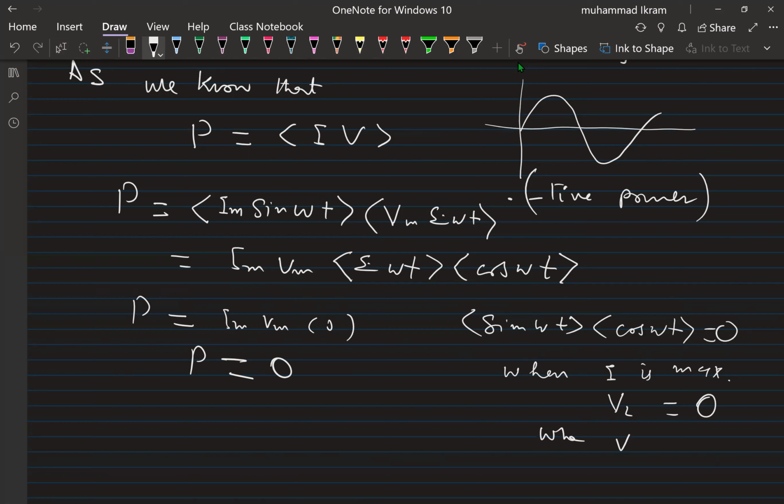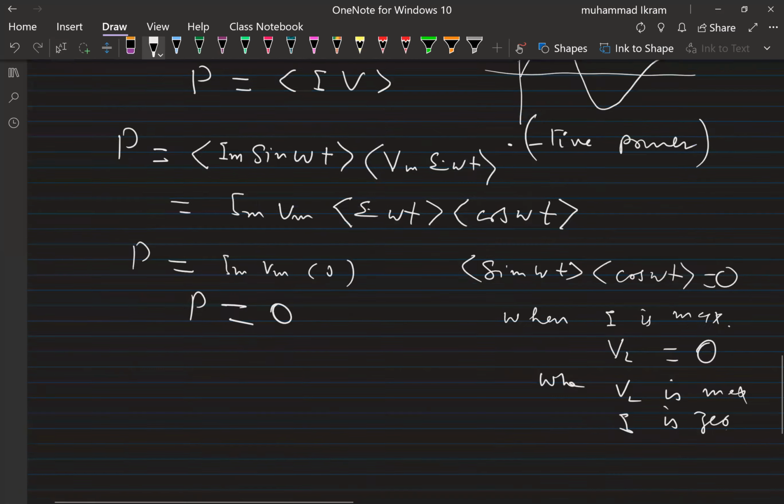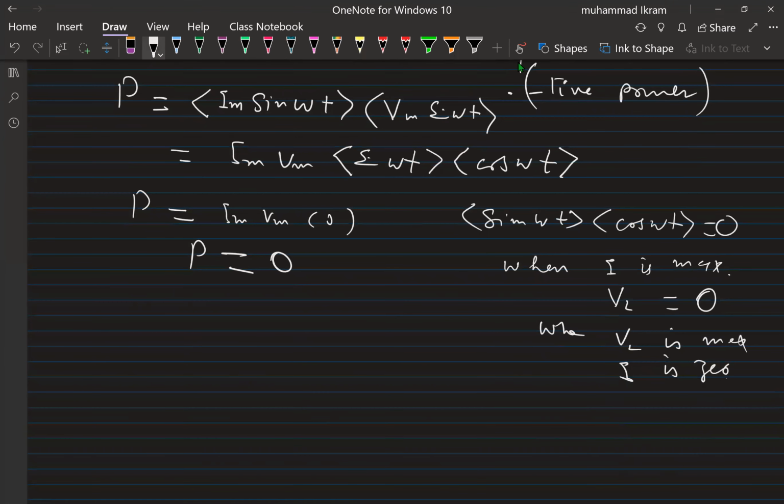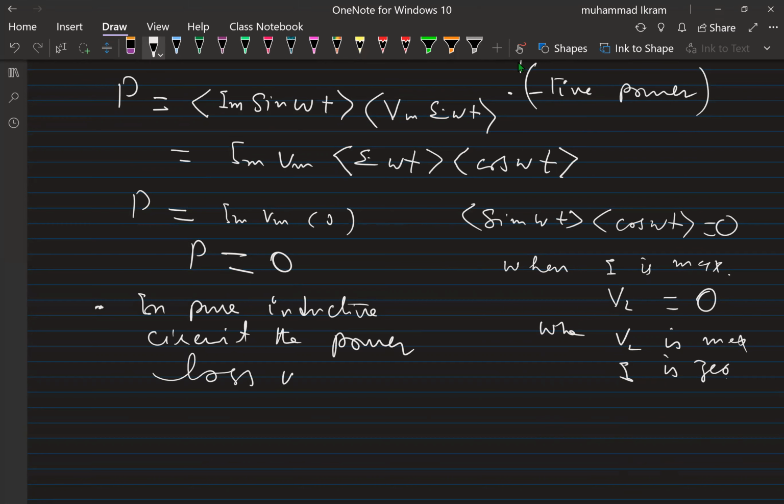When the VL is maximum, then I is 0. So they do not attain their maximum and minimum values simultaneously. Therefore, in the pure inductive circuit, the power loss is 0. Okay, that is the simple explanation.